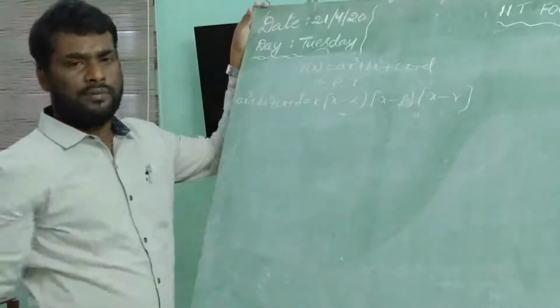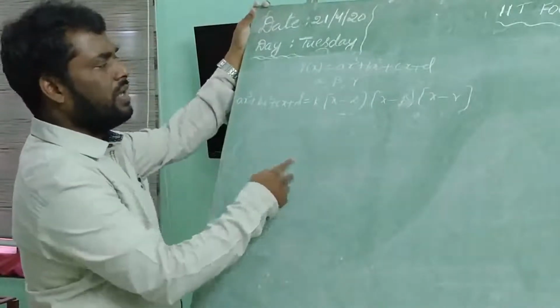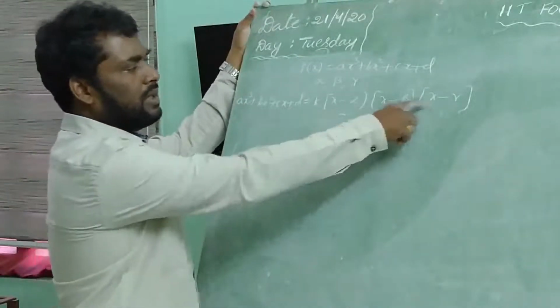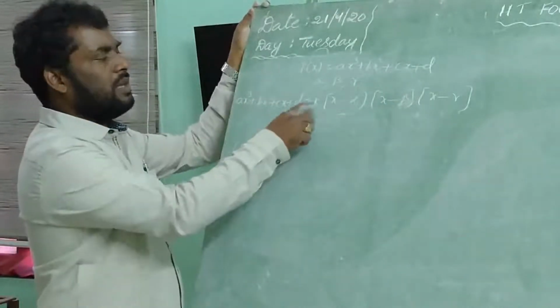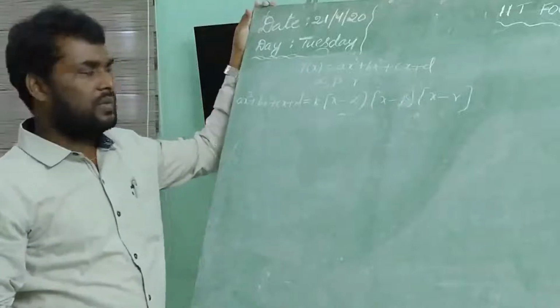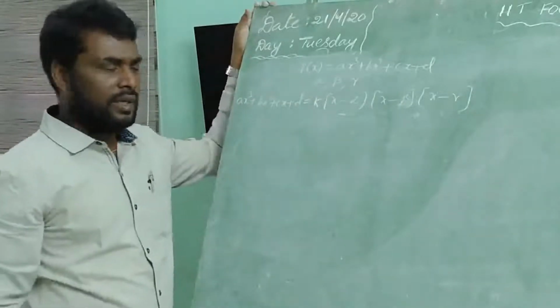Why are you taking k? Left side the coefficient of x cube is a, but right side the coefficient of x cube is 1. So for equating both sides, I am taking one constant k. Okay, that is our convenience. We are taking this constant k.